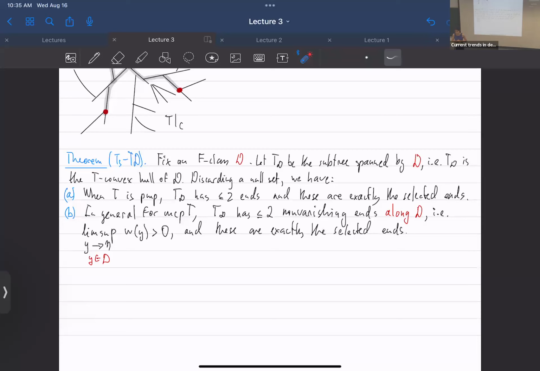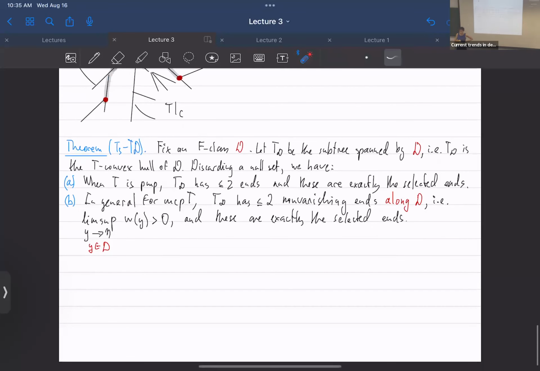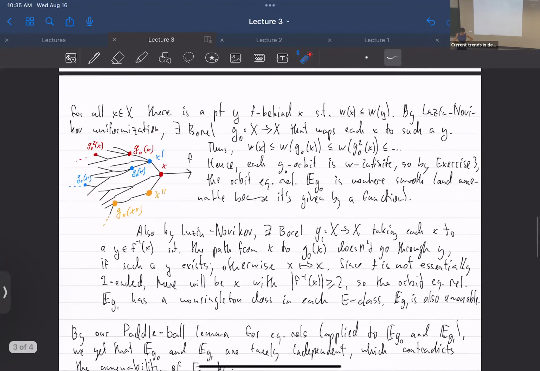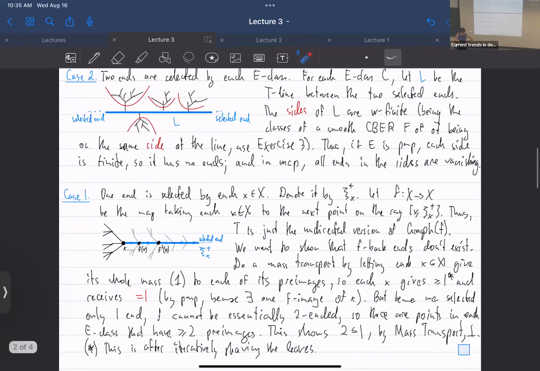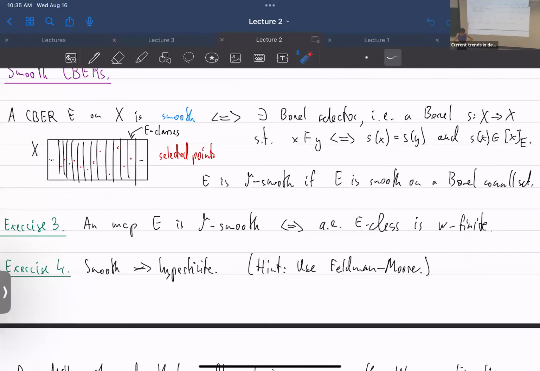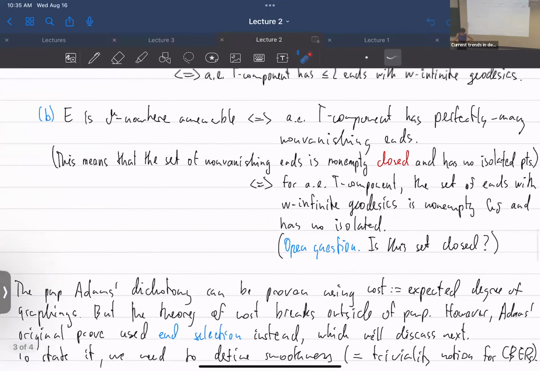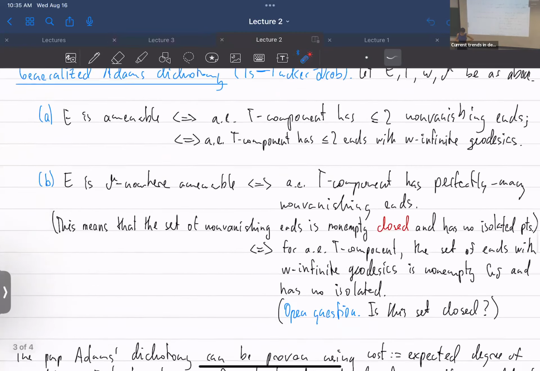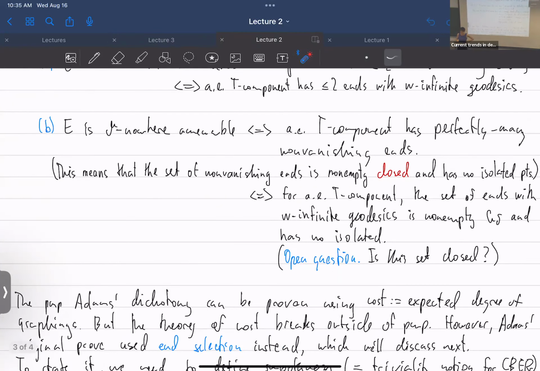Questions for me? If we go back to the theorem, Adam's theorem, for MCP. You said that there's a non-empty G delta with no isolated points. I think it's still true that there's a perfect set of these, but it's not a closed subset of the space of ends.